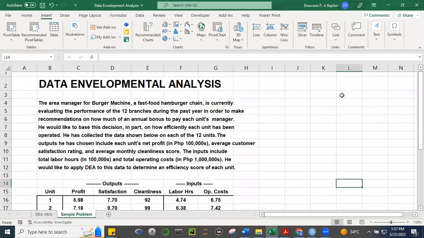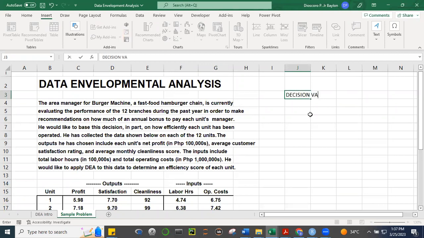Okay, so let's now write our LP. Let's first start with our decision variables. So what are our decision variables, class? What will be our decision variables here?